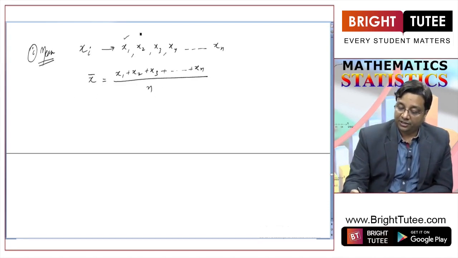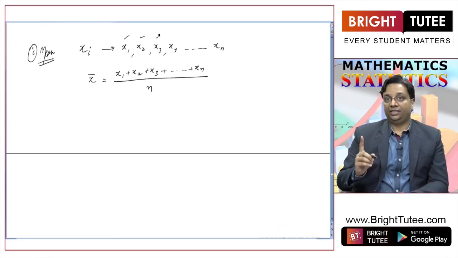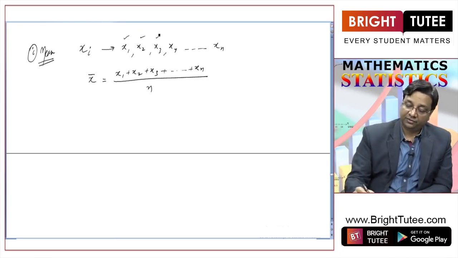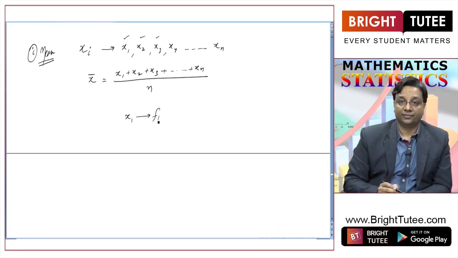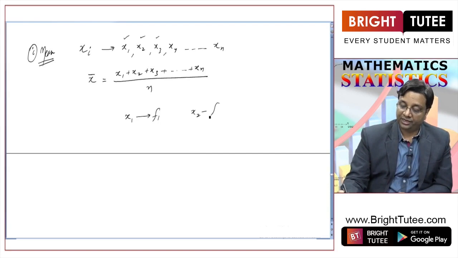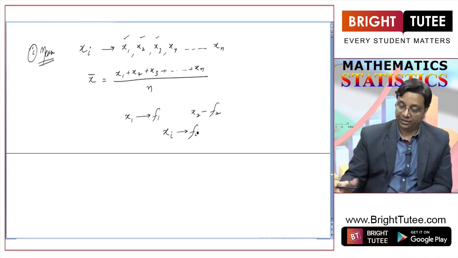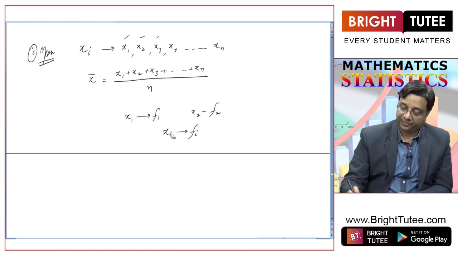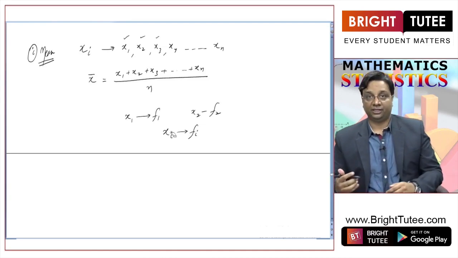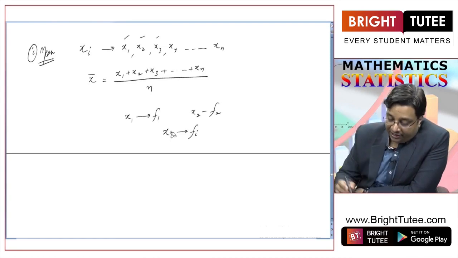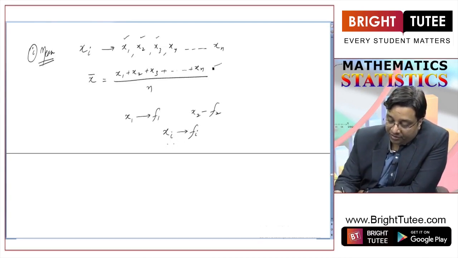So these numbers were appearing one time each. Now let us say x1 appears f1 times, x2 appears f2 times, or in general xi appears fi times. Let us say, as I took the previous example, how will I calculate the sum of these numbers now?